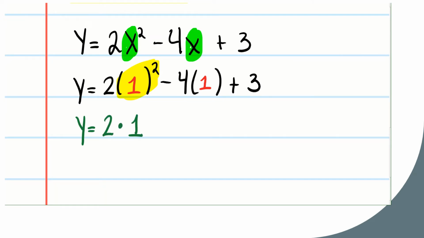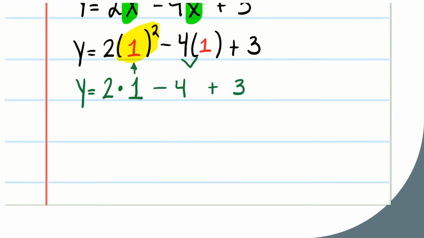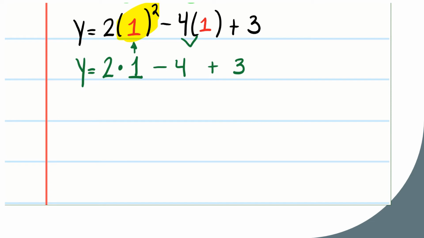Then I'm going to multiply the 2 that we had at the beginning with 1, which was our answer to squaring 1. And then I'm going to multiply the 4 and the 1. Since they're together, that means multiplication, and that's how we got minus 4. Let me bring down everything else that I didn't use, which was the plus 3. Then I'm going to multiply the 2 and the 1, and I get positive 2, and bring down the rest.